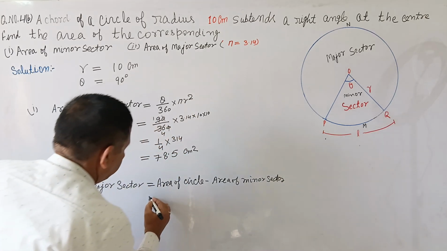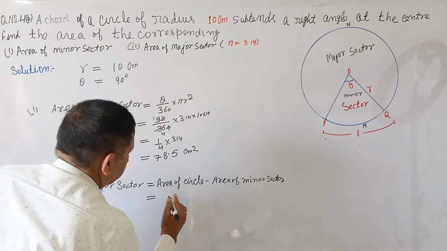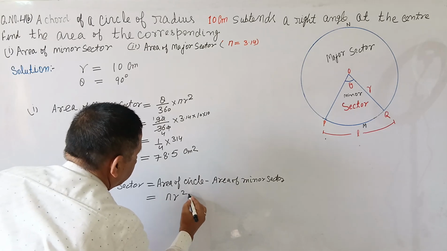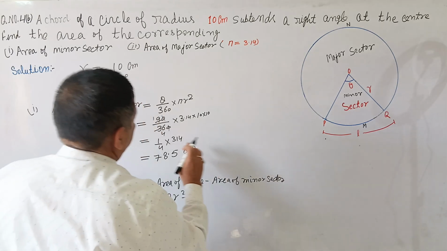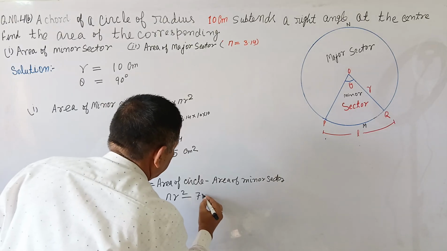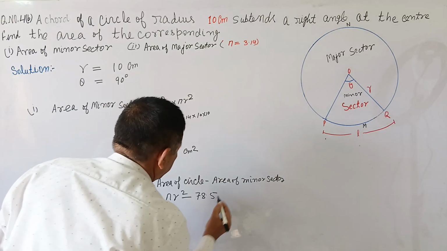So the area of the circle is pi r square, minus the area of the minor sector, which is 78.5.